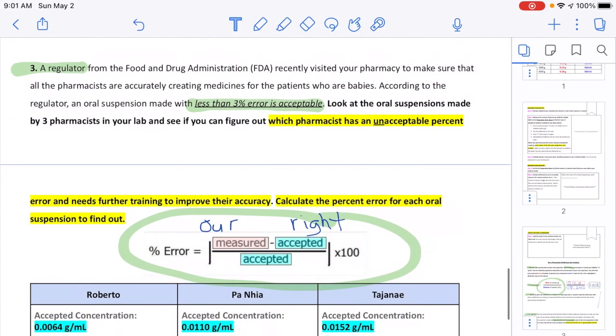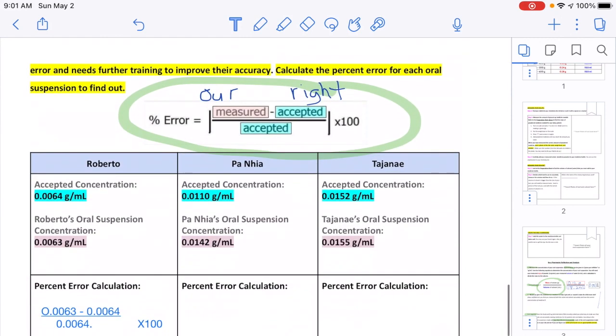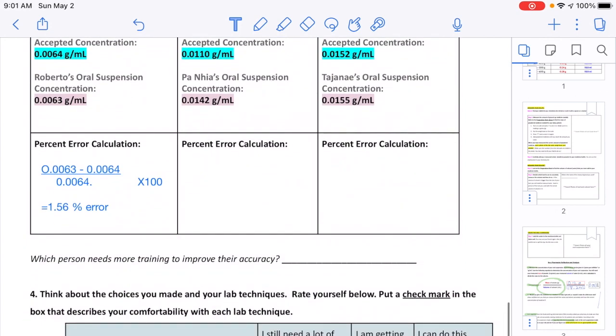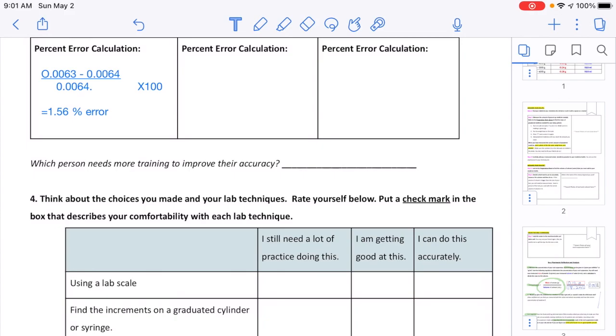And if we look, they want less than 3% error, and he has less than 3% error with 1.56%. So it looks like Roberto's doing a good job. Go ahead and try that for the others. Please show your work so we can tell what you're doing wrong if you have mistakes. And then you're going to answer on the blank, which person needs more training to improve their accuracy? And pause again, of course.